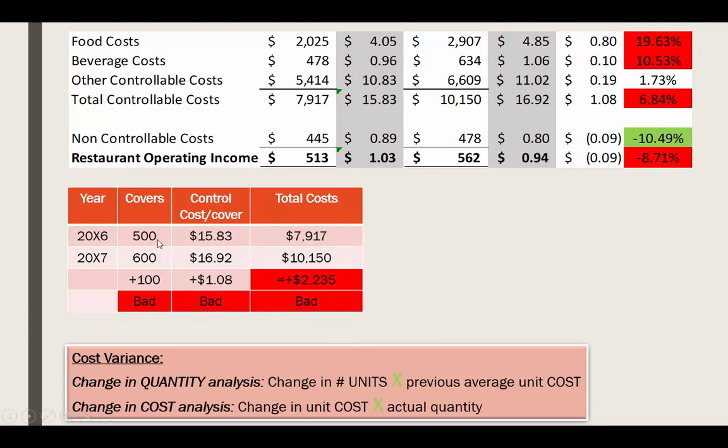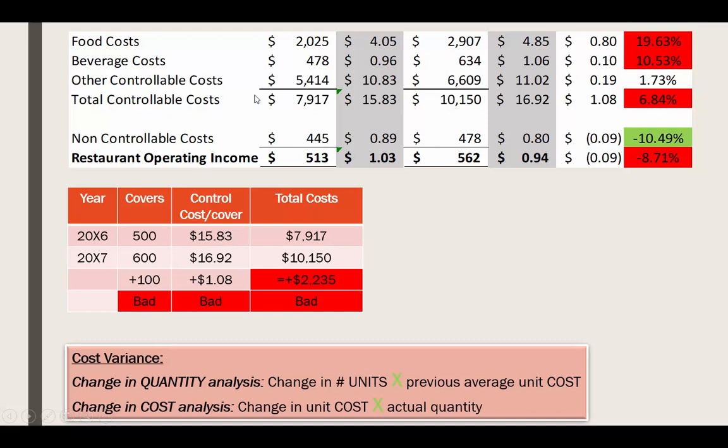So in 2016, 500, 2017, 600, more people. So it's good, but it can also be bad for costs. The more people I serve for controllable costs, the higher my costs will be, right? Because the more food I need, because of higher revenues, the more costs it's going to be. So this could be considered bad as well.